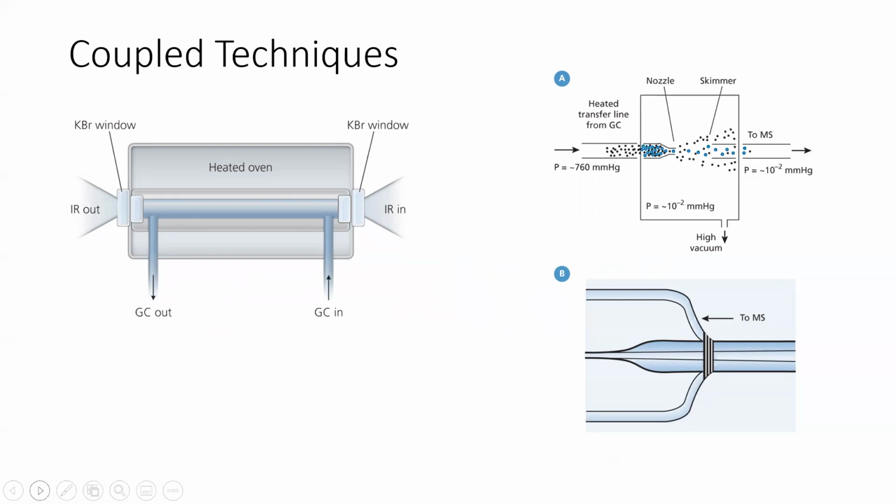Two of the techniques that are most commonly connected to GC are, of course, mass spec. So GCMS over here, right? And this is GCFTIR, which is a pretty neat little design, right? Again, your sample is heated so that it's at a constant temperature, similar to the way that the HPLC UV-Vis detector flows.